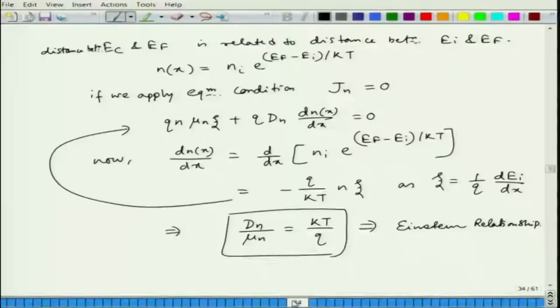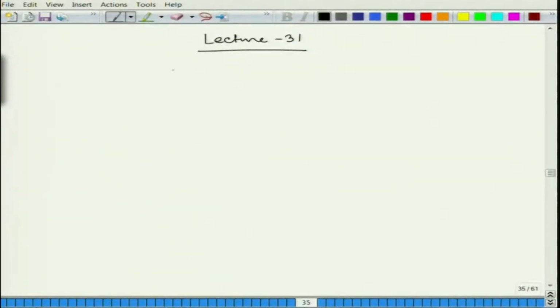Okay. So, for electron we have seen a relation which is D_n by mu_n is equal to kT by q. If you look at this particular term carefully, it will have the unit of voltage, and it depends on the temperature.